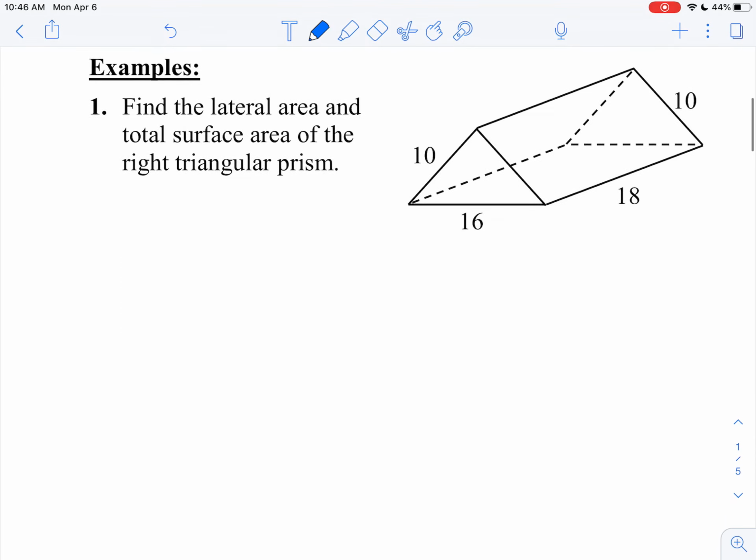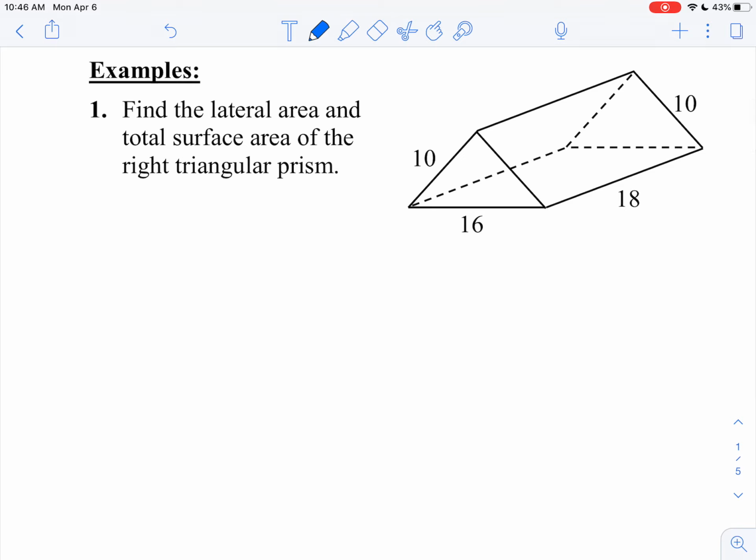All right, so find lateral and total surface area. So I'm old-fashioned, so I always go ahead and write my formula first. L equals pH. In this case, the perimeter is 10 plus 10 plus 16 is 36. The H, now some problems are going to get confusing because sometimes you'll use more than one H in the same problem.